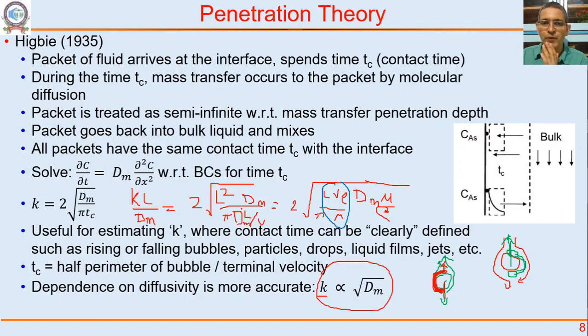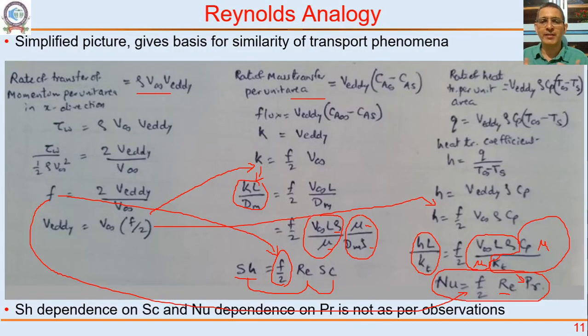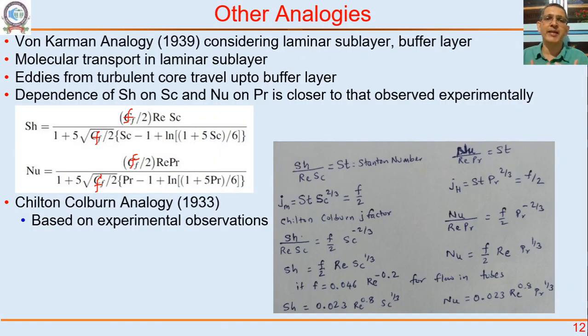I just did it for L, I have to do it for dm square as well, and then dm will cancel, so there will be dm in the denominator. Reynolds number, Schmidt number. Reynolds number raised to 0.5, Schmidt number raised to 0.5 gives Sherwood number. So these theories as well as these analogies tell you why logically there should be a relationship between Sherwood number, Reynolds number and Schmidt number. And they give you a functional dependence as well.